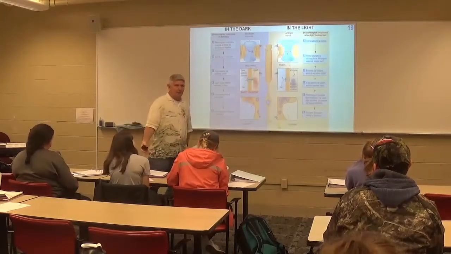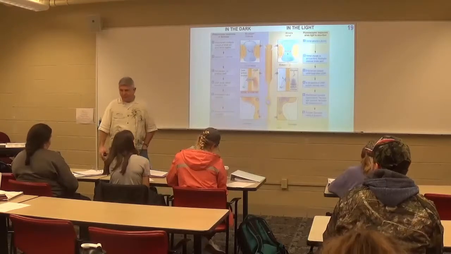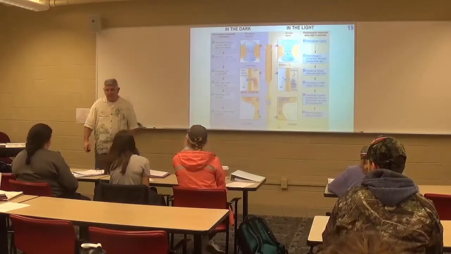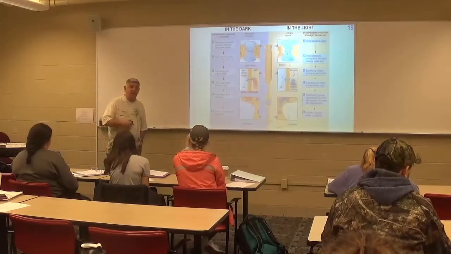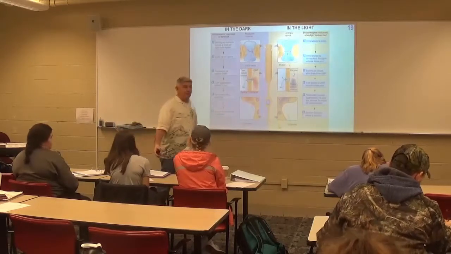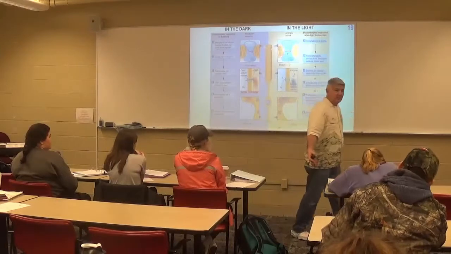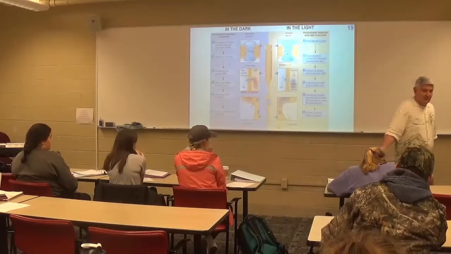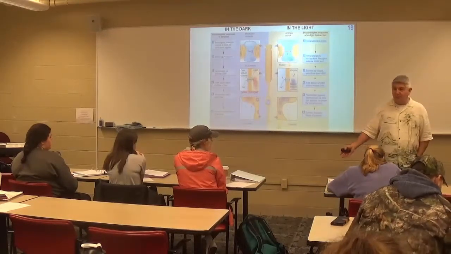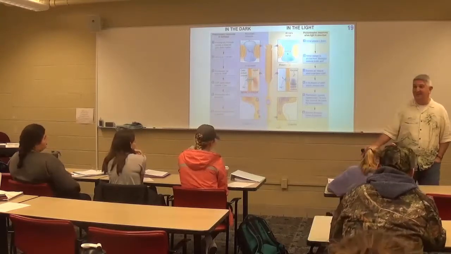Why would we want to have it backwards? Because we're using our eyes a lot more in the light than the dark. Yeah, so what percent of the day do you have vision? When do you not have vision? When your eyes are closed, right? And when are your eyes closed?